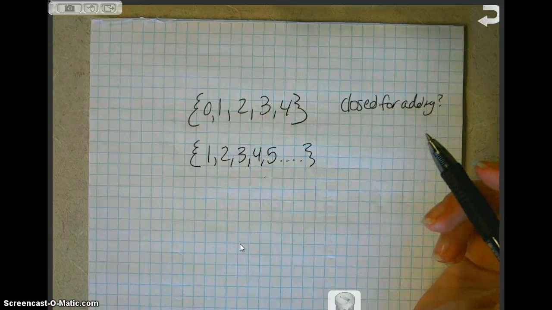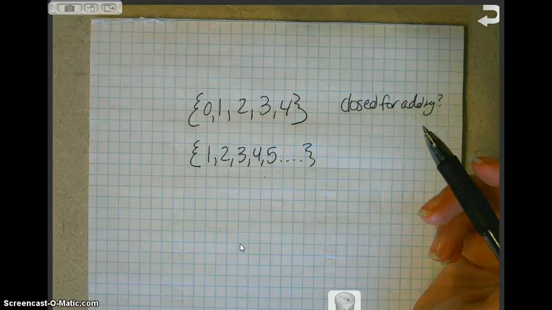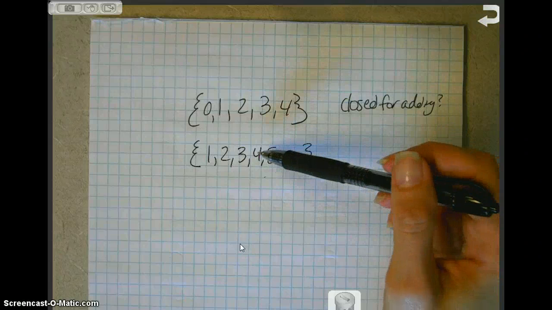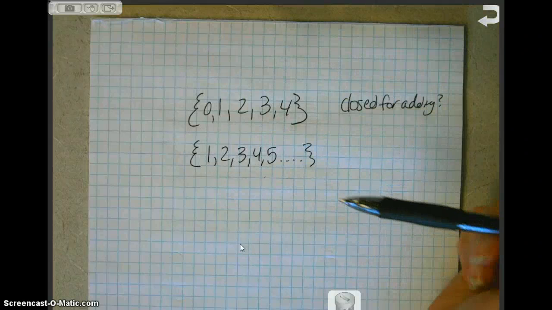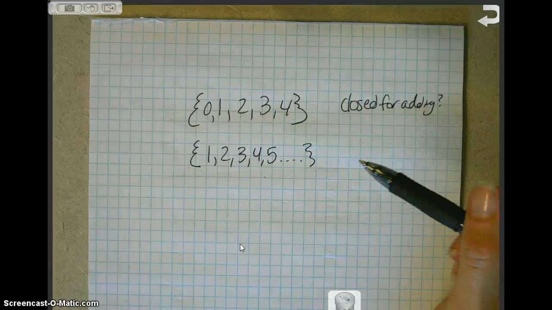As long as you take a couple of numbers and do that operation, and every time you always get a result within that set, then you would call it closed. If ever you try to do that operation and you get a number that falls outside of it, like when we did 4 minus 5, you get negative 1, this set, the natural numbers, would not be closed for subtraction. Okay, so those are a couple examples that may help you.